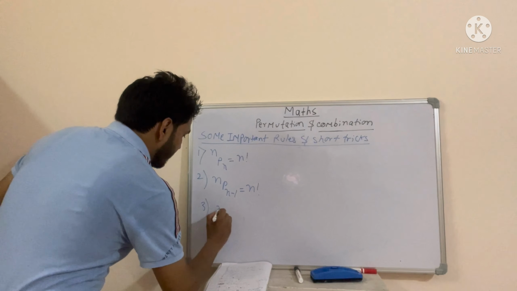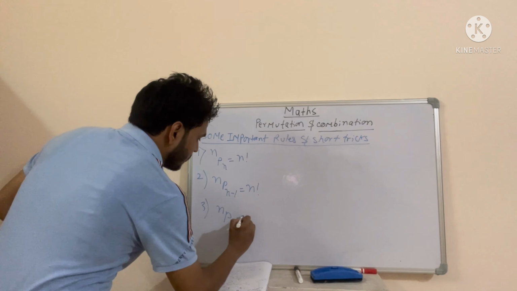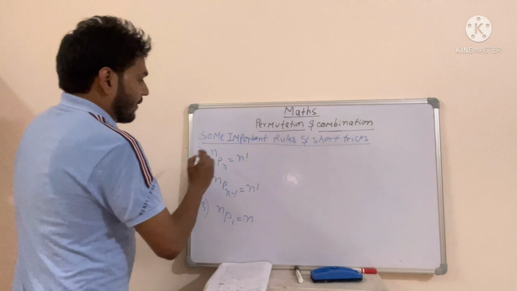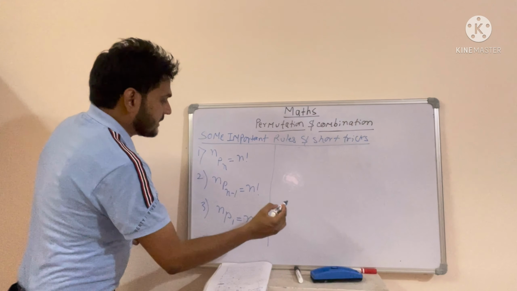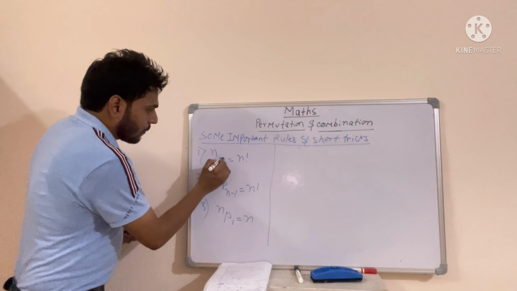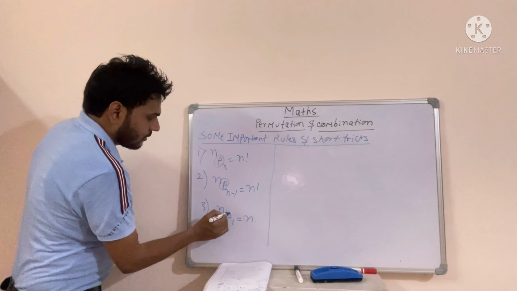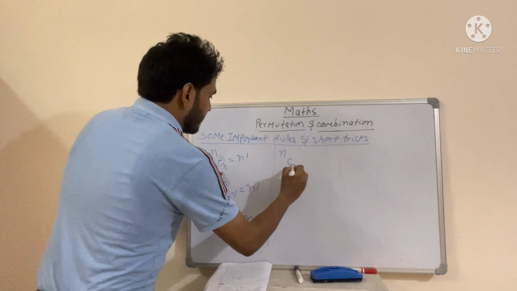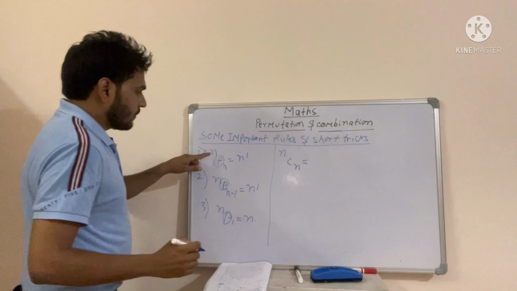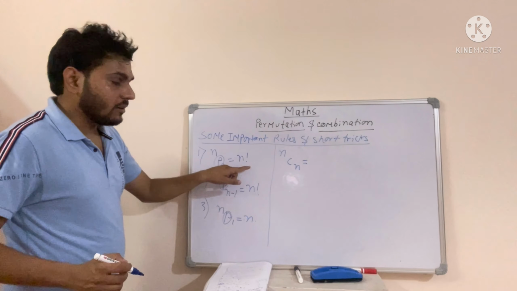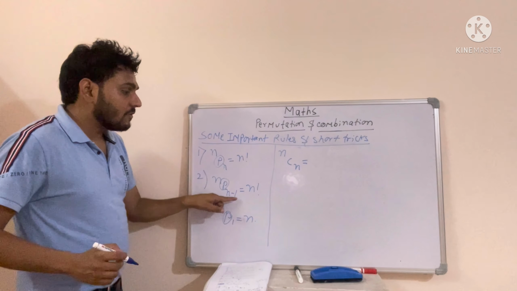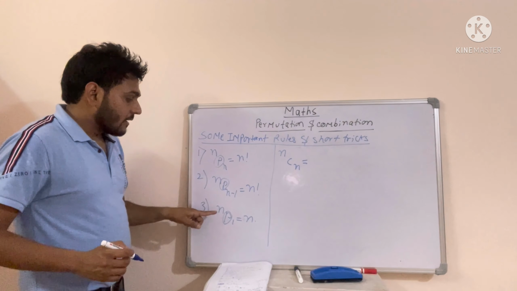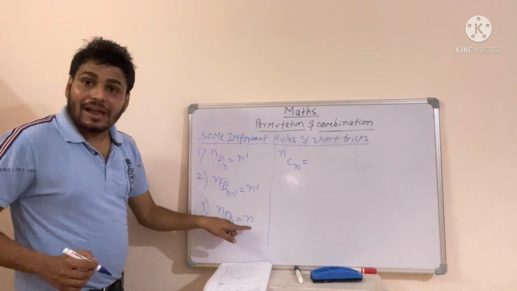Number 3, nP1 equals n. This is for permutation. Now for C, nCn will give you how much? nPn gives n factorial, nP(n minus 1) gives n factorial, same, and nP1 gives n.